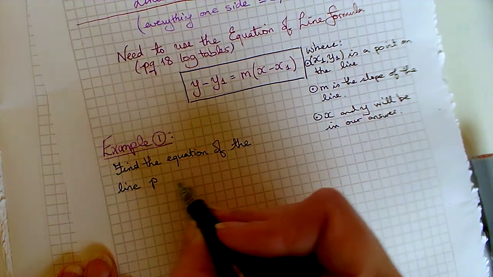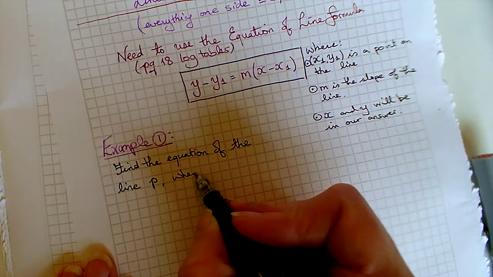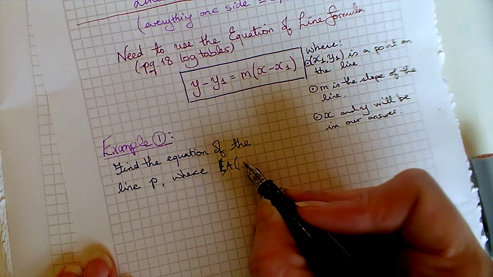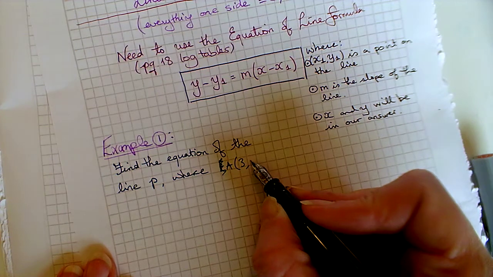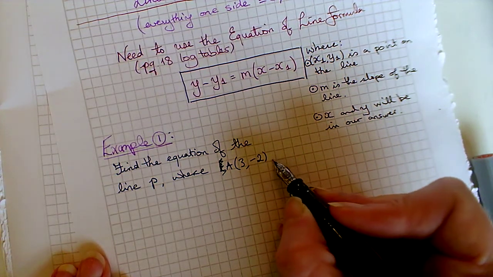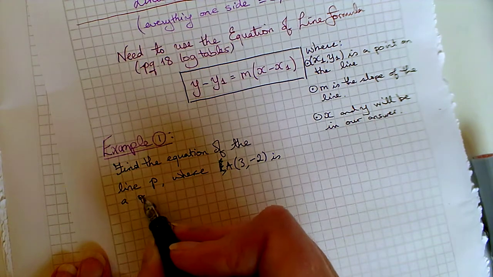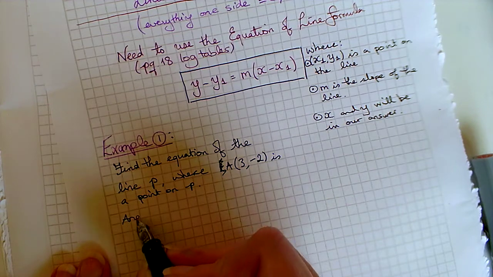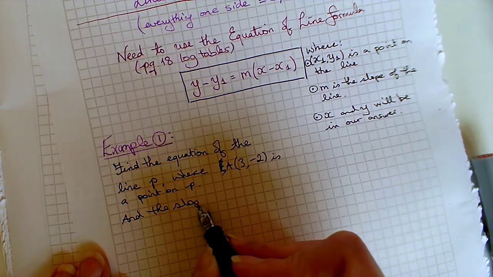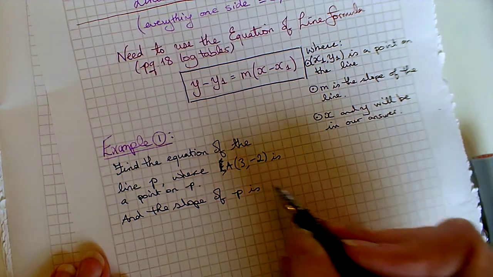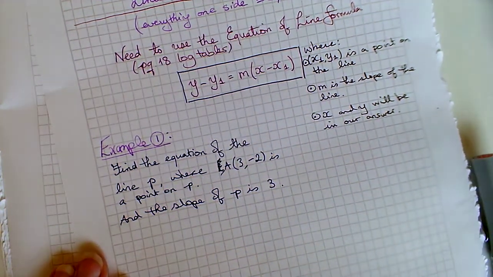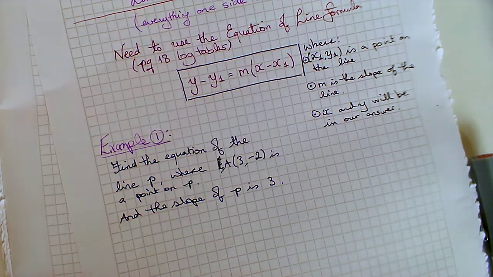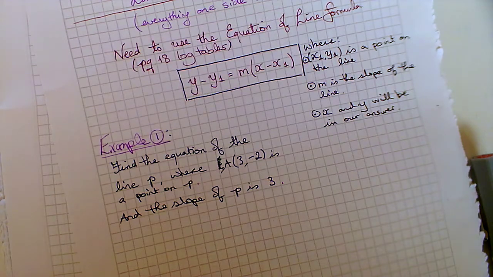I'm going to call it P, where the point A, 3, minus 2, is a point on my line P, and the slope of my line is 3. So the slope of the line P is 3, and a point that's on the line P is 3, minus 2.